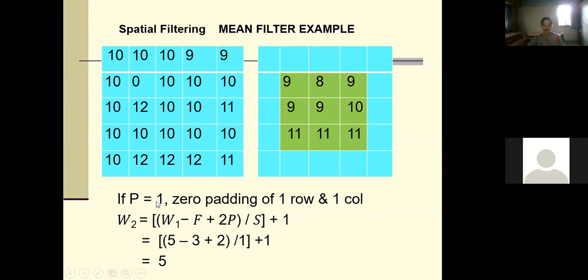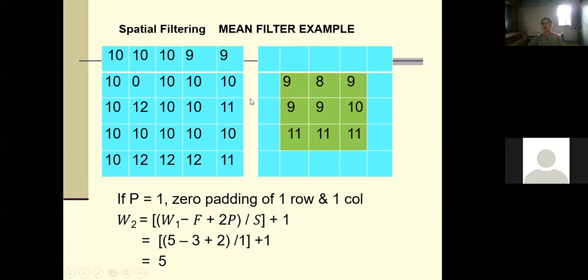Okay, so when we add 0 padding and P is equal to 1, in that case your W1 is 5, F is 3, and padding is used as 1. So you will get this equation 5 minus 3, which is 2. 2 plus 2 is 4. 4 by say stride rate is 1, and 4 plus 1 gives you 5, right? So if we use 0 padding of 1 row on each side and 1 column on each side, resultant image size will be 5 by 5, and it won't be 3 by 3 as shown here.